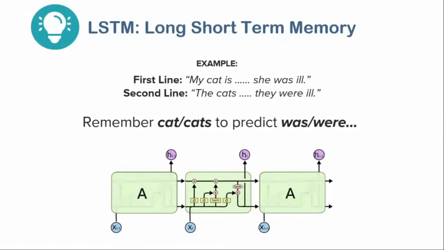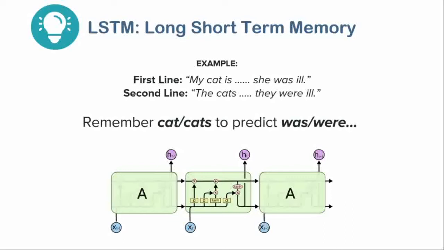To understand LSTM, first you have to understand this example. Suppose there are two sentences. Sentence 1 is "My cat, she was ill." The second one is "The cats, they were ill." In the dash part, there are many other sentences or paragraphs that create a long distance between the two parts of the sentence.